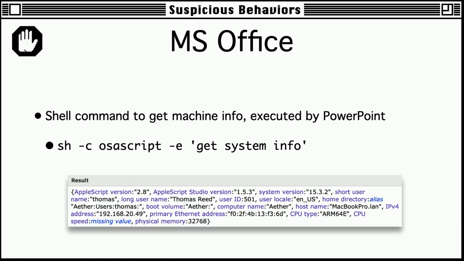If you look at the info here, some of this stuff can be used to determine if you're running in a VM, like CPU type, physical memory, things like that. There's a distinct difference in the results you'll get from a real machine versus what you get out of a VM.